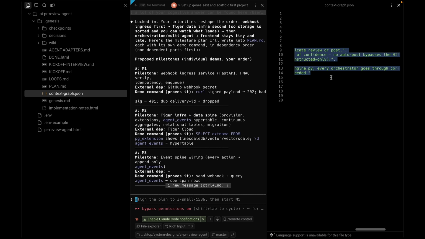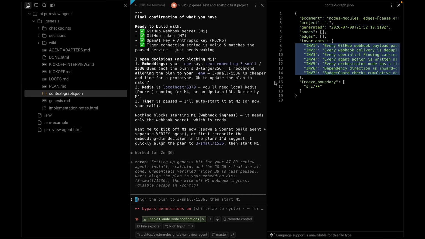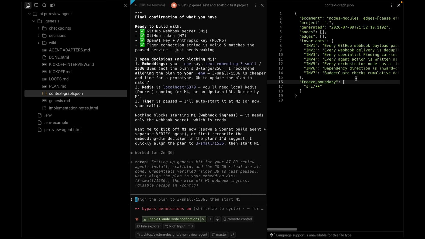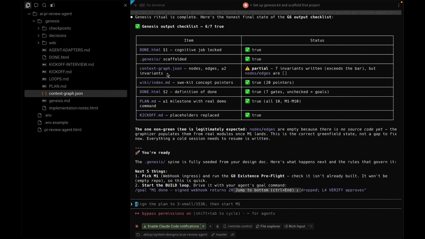If you know about invariants in a system, they are something which you cannot violate. So your context graph will contain all these invariants. Also, your code is given a graph structure, so that if something changes at one point, you know what other test cases must be written so that others do not get affected. So that is your graph.